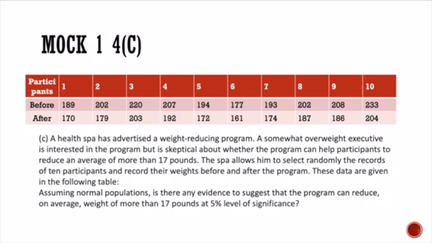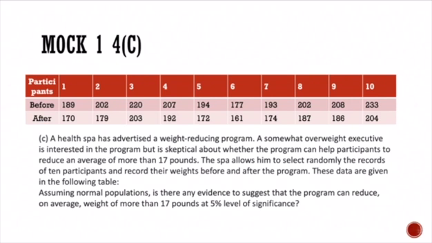The spa allows them to test it on 10 patients, and the question is whether there is any evidence to suggest that the program can reduce weight on average by more than 7 pounds at the 5% level of significance.